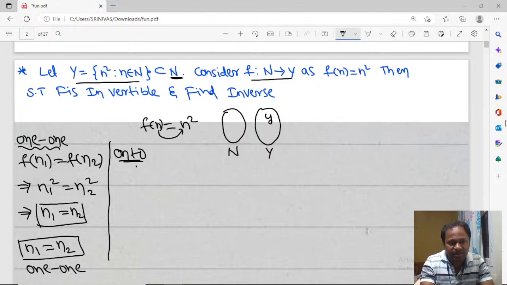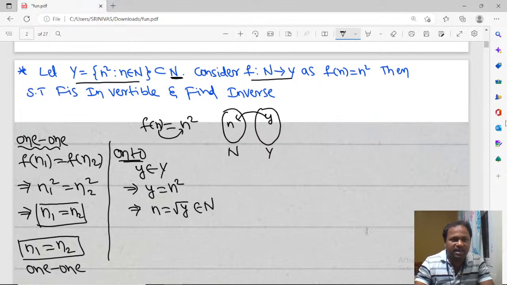What is that element? Some y belongs to the codomain. What is that codomain? Capital Y. In the codomain, the element will be in the form of n square. Now we need to get n in capital N. From this, n square means n is equal to root y, which belongs to capital N.